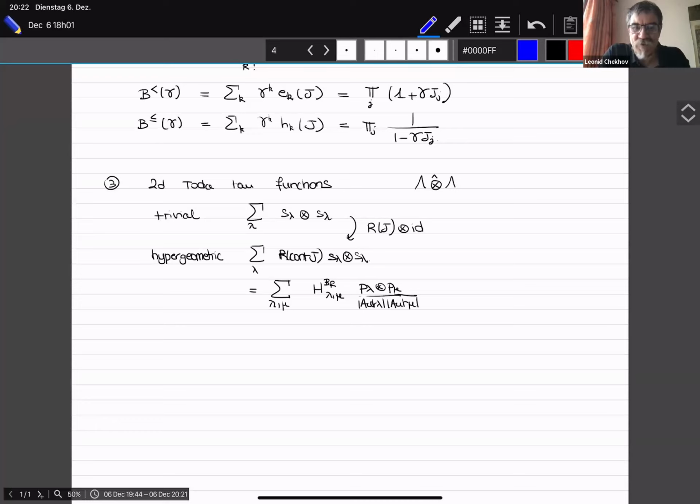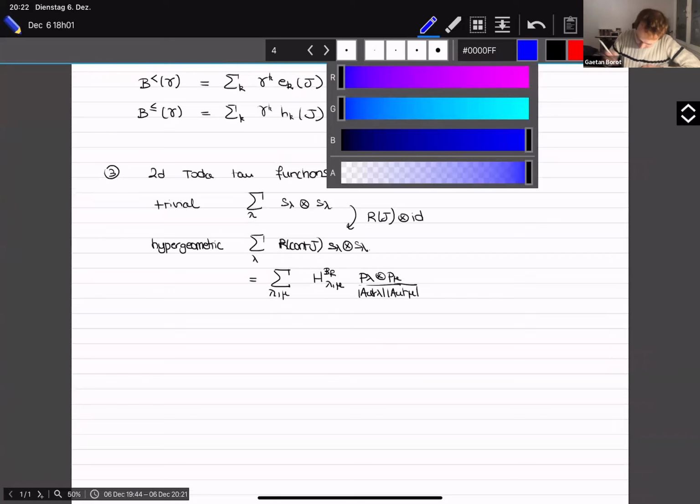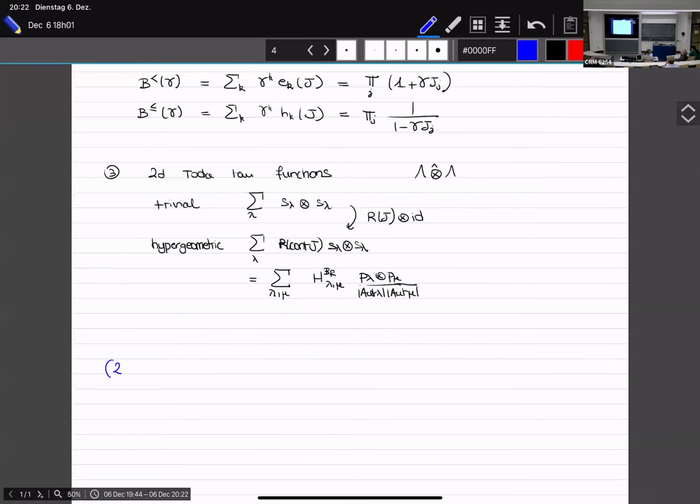A particular choice, but not any choice. Okay. So it's a generalization of dessins d'enfants, but dessins d'enfants is a particular case.